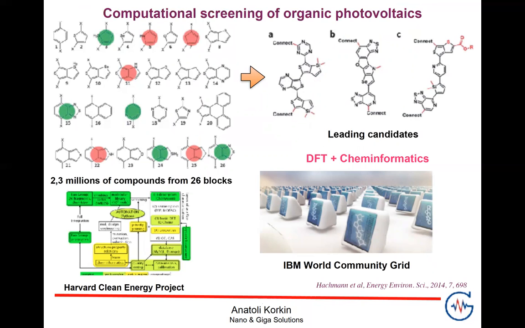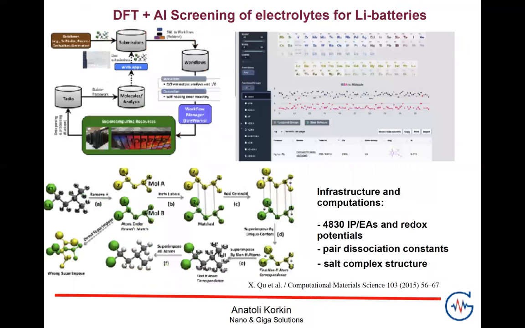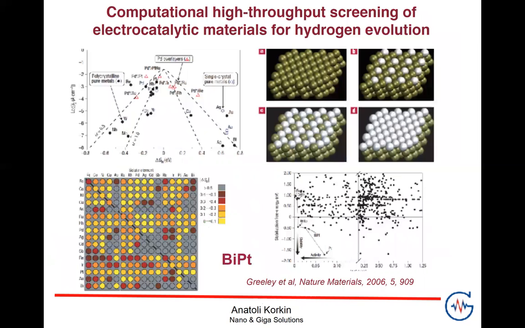That was done in the Harvard Clean Energy Project. In lithium battery electrolyte screening, there was also quite an extensive study. Another example is the use of artificial intelligence in search of materials which reduce the amount of platinum used in a fuel cell. So this is also a very interesting example.